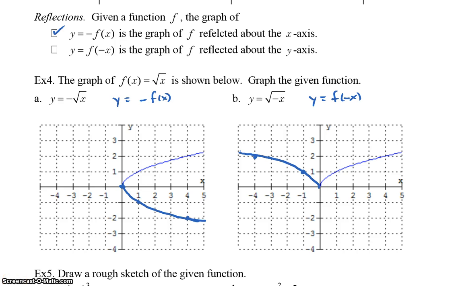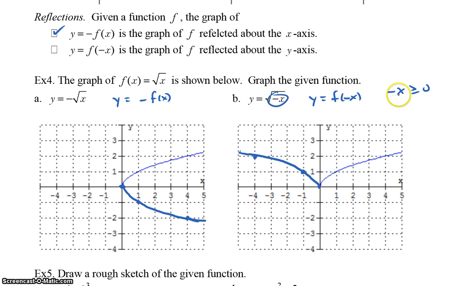I would also point out for the equation in part B, if we consider the domain, we would want minus x to be greater than or equal to 0 so that the number under the square root is non-negative.